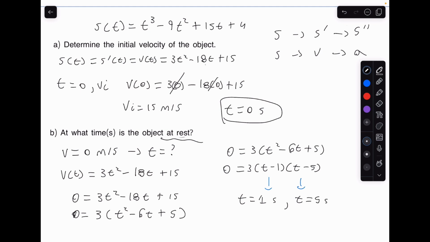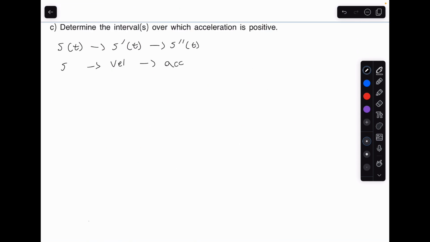That's it. So just a quick summary. Initial velocity means time is equal to 0. At rest means v is equal to 0. So write that down. All right. This one most students get wrong. Okay, but once you do it a few times, you should never get it wrong again.